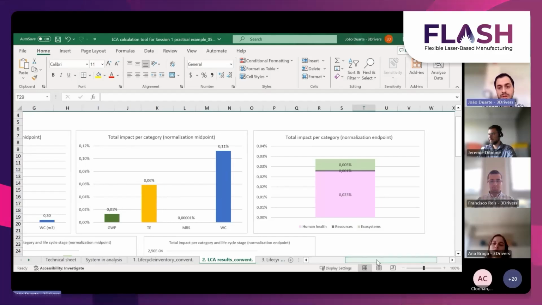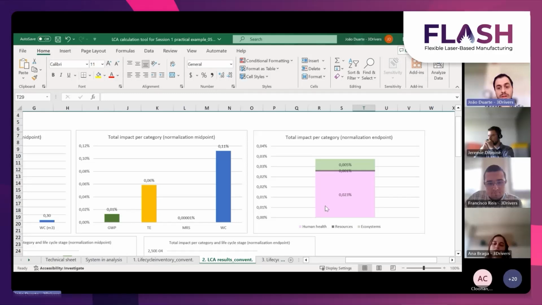And then we can also see the normalization at endpoint. So now we convert these impact categories into their effective damage in the endpoint categories, which are human health, resources, and ecosystems.